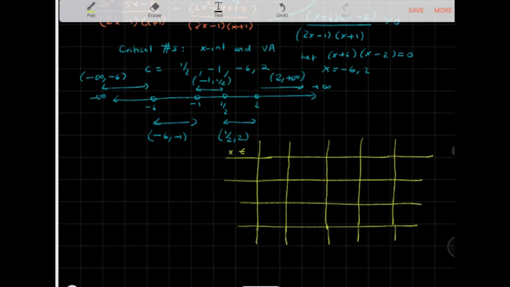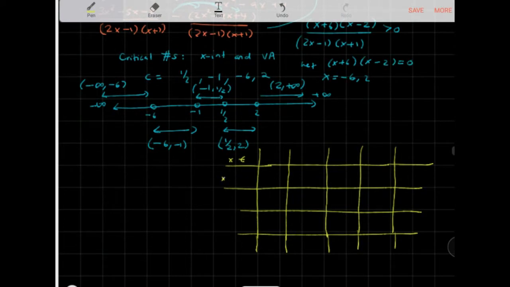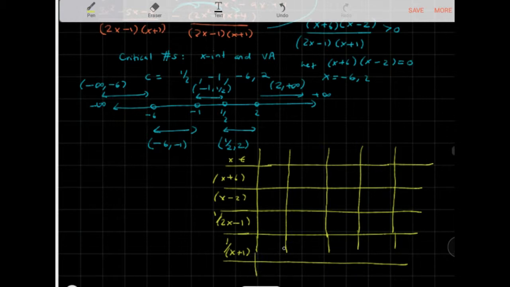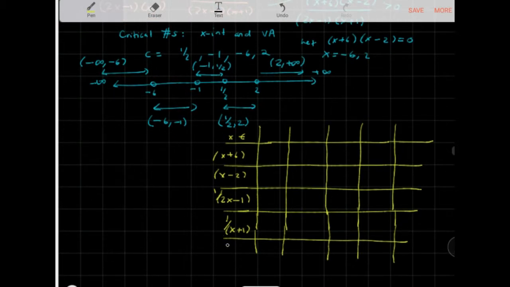My factors include x + 6, x - 2, 1 over (2x - 1), 1 over (x + 1), and also my collective rational expression r of x.